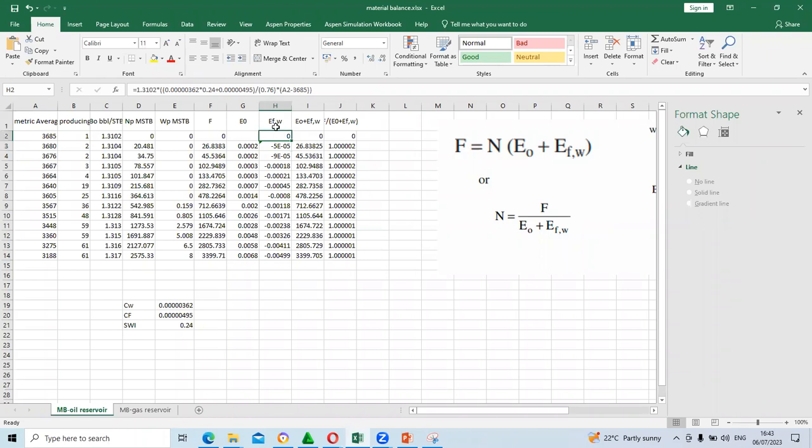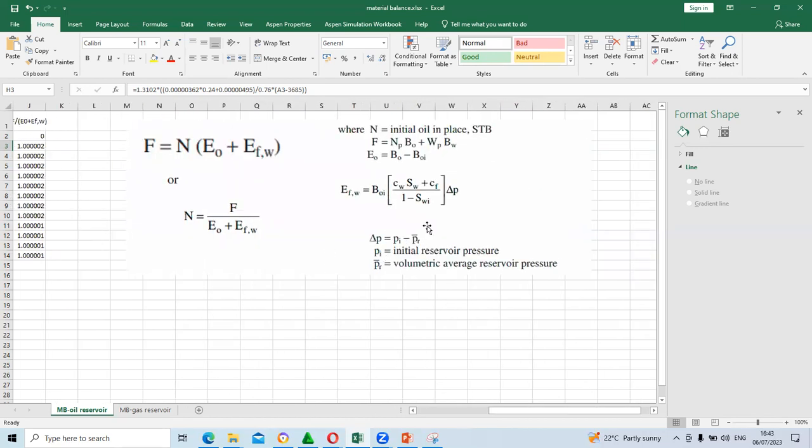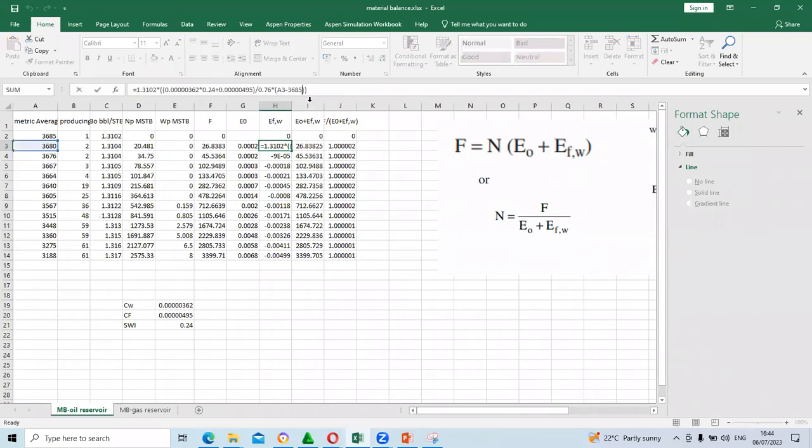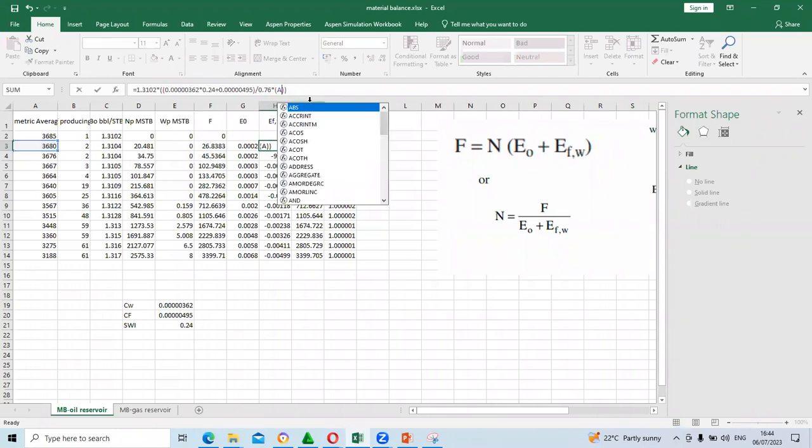Let me see. Okay, A2 minus that. All right. So our pressure is A3. I'm looking at the negative because there's not supposed to be negative, but I've gotten the problem. It was supposed to be initial reservoir pressure minus the pressure of the reservoir, not pressure of reservoir minus the initial reservoir pressure, because it should not be negative.